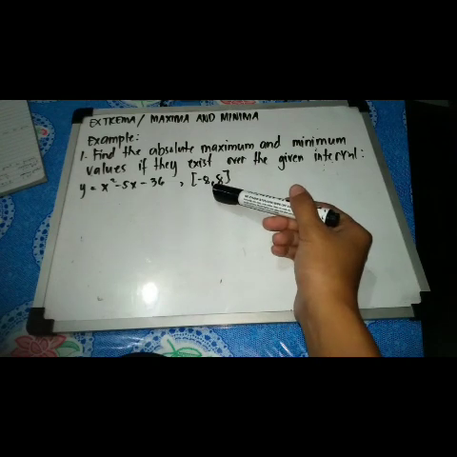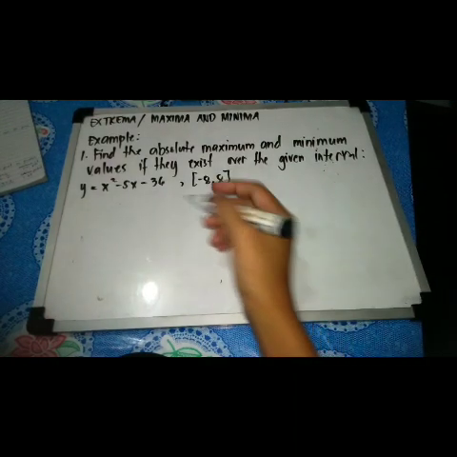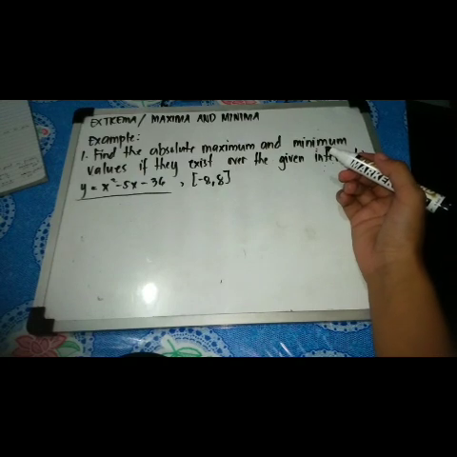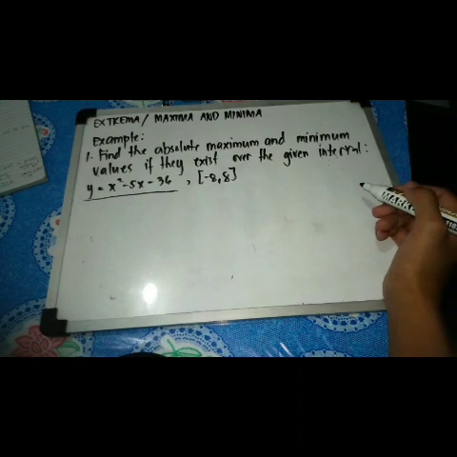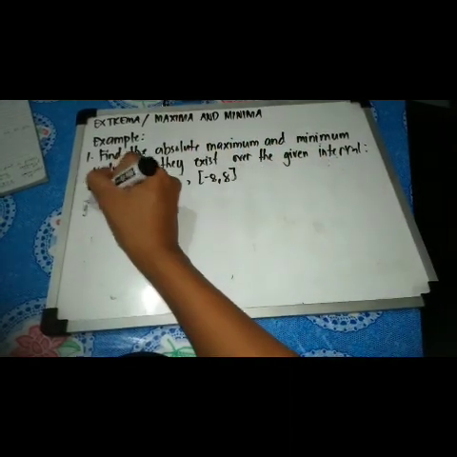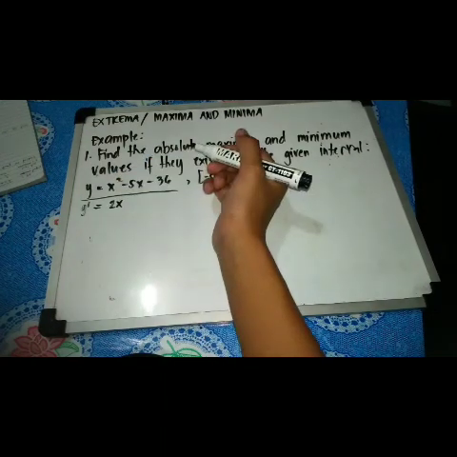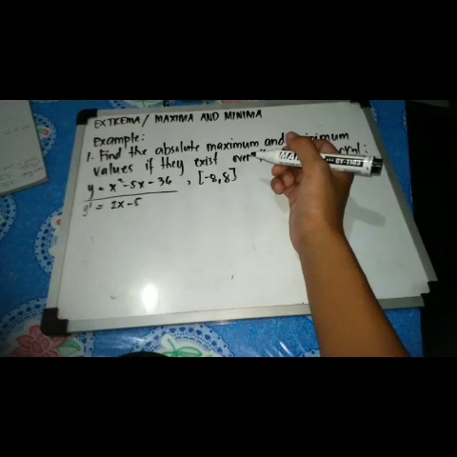So we have -8 and 8. First, we have the given y is equal to x squared minus 5x minus 36. We need to find the derivative of this given equation. So the derivative of x squared is 2x, the derivative of -5x is -5, and the derivative of -36, as a constant value, is 0.